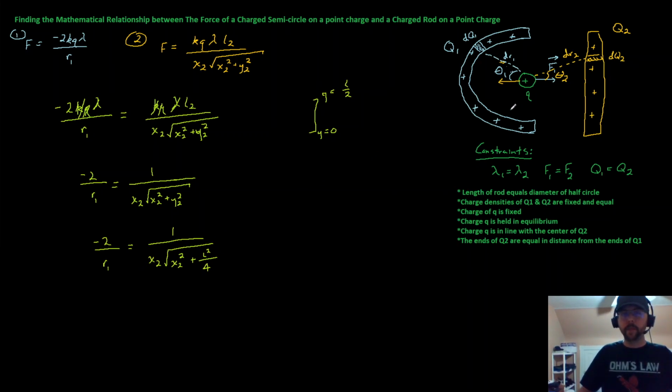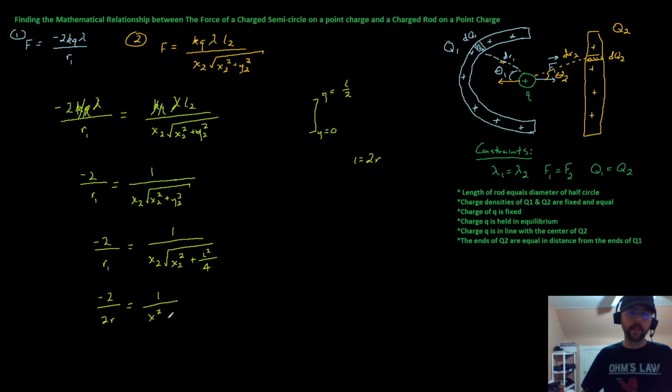So given in the setup of the problem, L equals 2R. That was given because R is the radius of this circle, and L is the full length of this rod, which is 2 times the radius. So if I make this substitution now, I'll move it down here: negative 2 over 2R equals 1 over x squared.